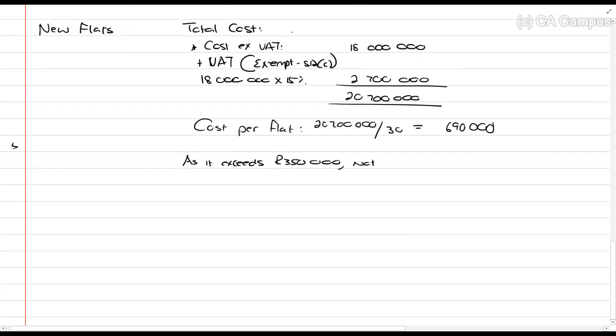It is not low cost residential units. So section 13.6. 690,000 times 30, or you can use 20,700,000.